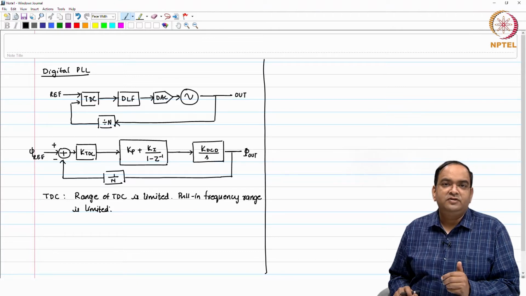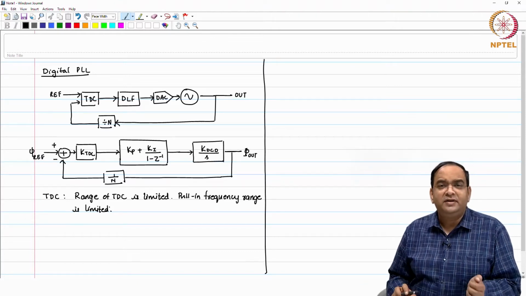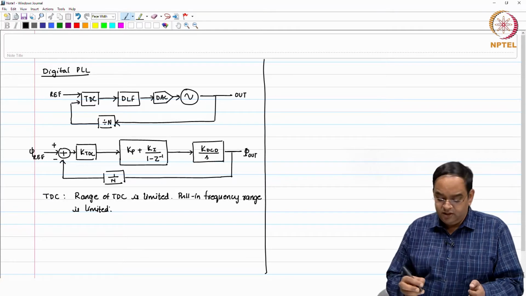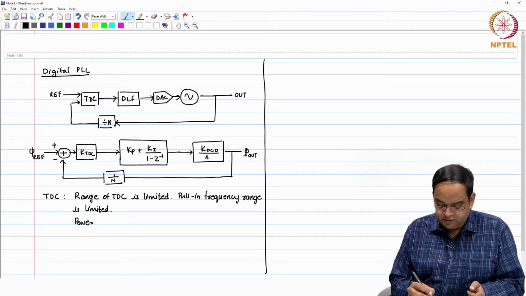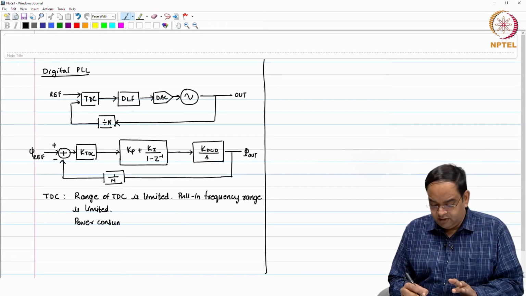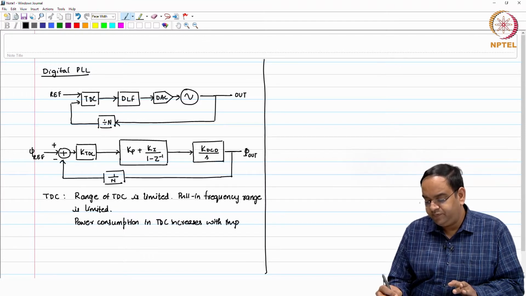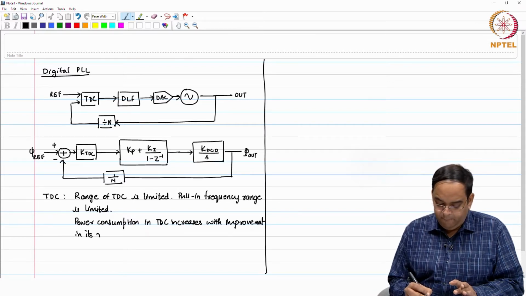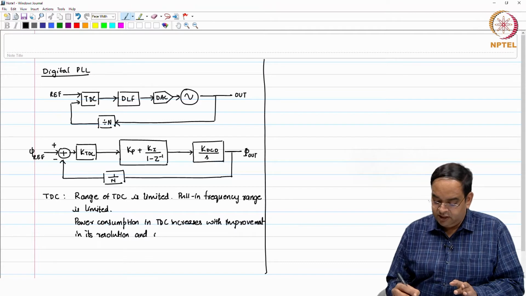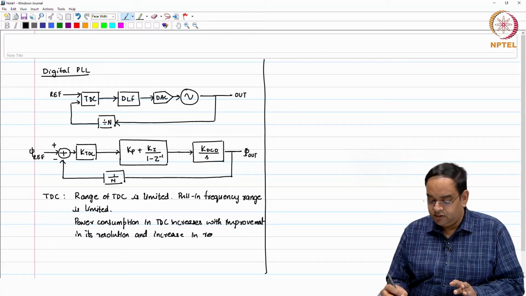Now, if you make that error small and you want to extend the range, or even if you want to have the range plus minus 2 pi, the power consumption, since it is clocked at the reference period, in TDC increases with improvement in its resolution and increase in reach. So, this is a problem, it is not straightforward.